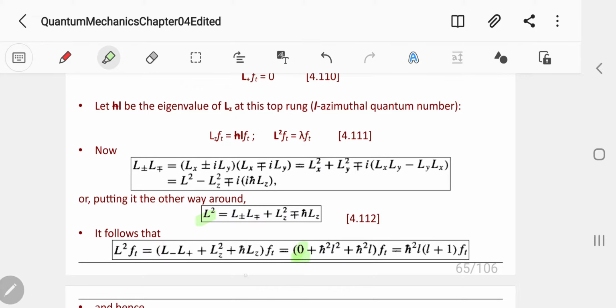This is 0, and Lz square will give you h bar square l square, and Lz will just give you h bar l, times f top. And you can factor out h bar square l times l plus 1 times f top. You just use all these ideas here.